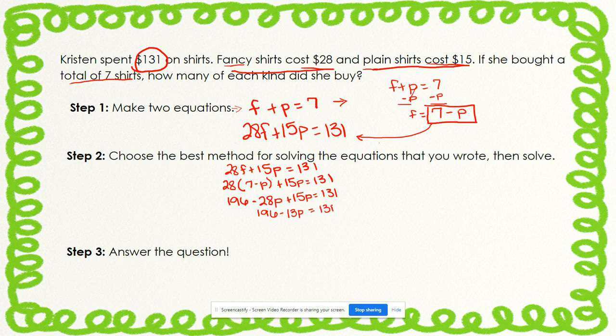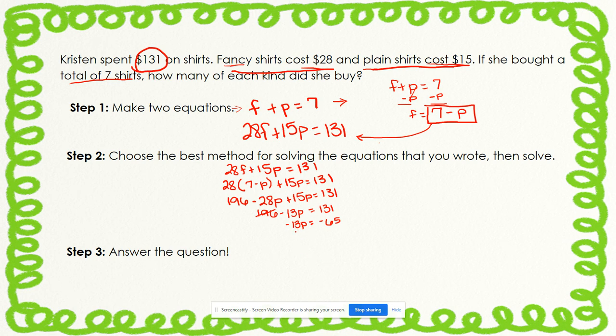And all of this still equals 131. So now I'm going to subtract 196 from both sides. When I subtract 196 from this side, it's going to cancel and leave me with negative 13p. When I subtract 196 from 131, I get negative 65.